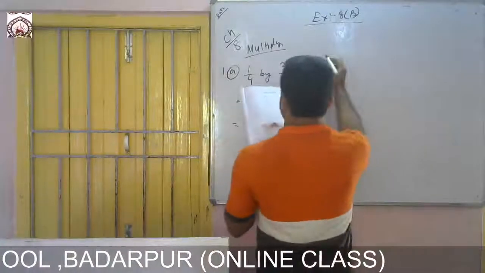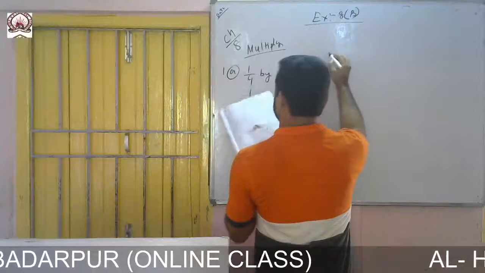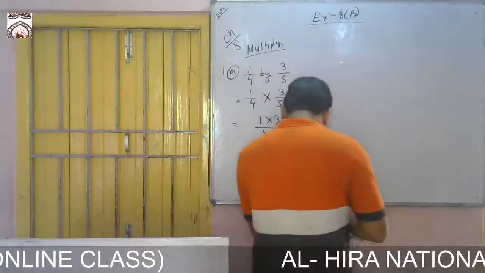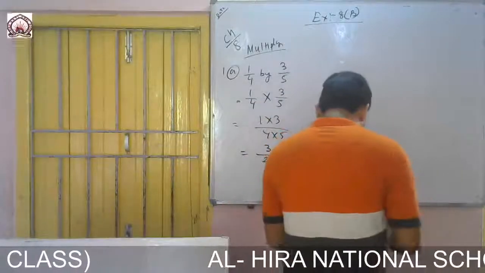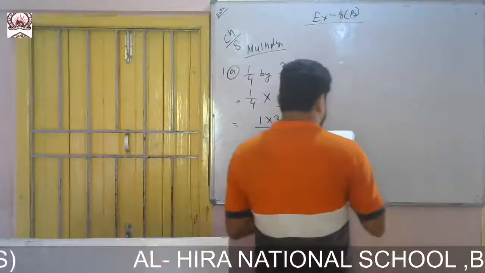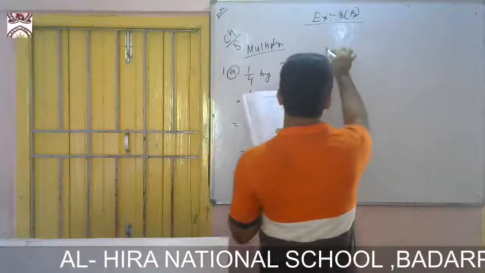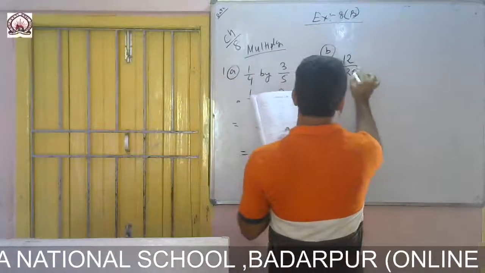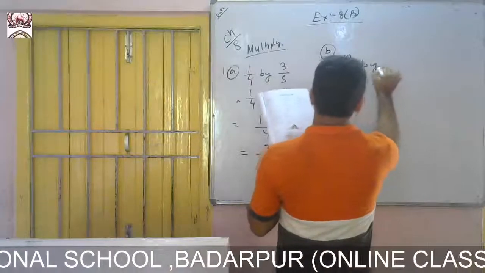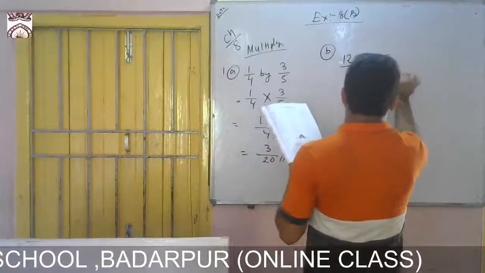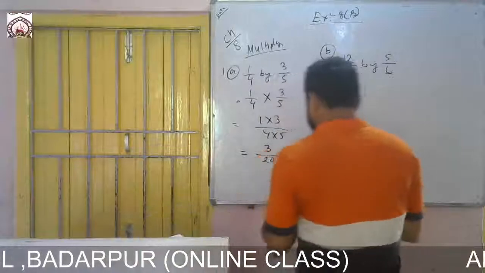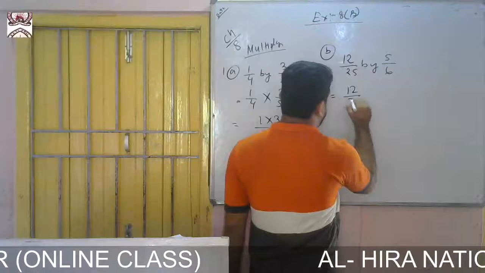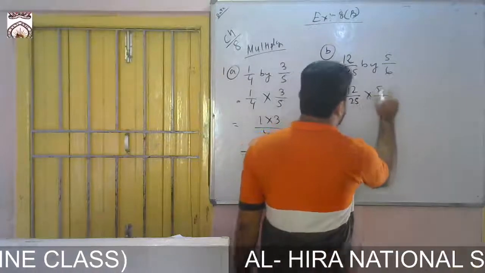So now come to question number B. See question number B. 12 by 25 into 5 by 6.